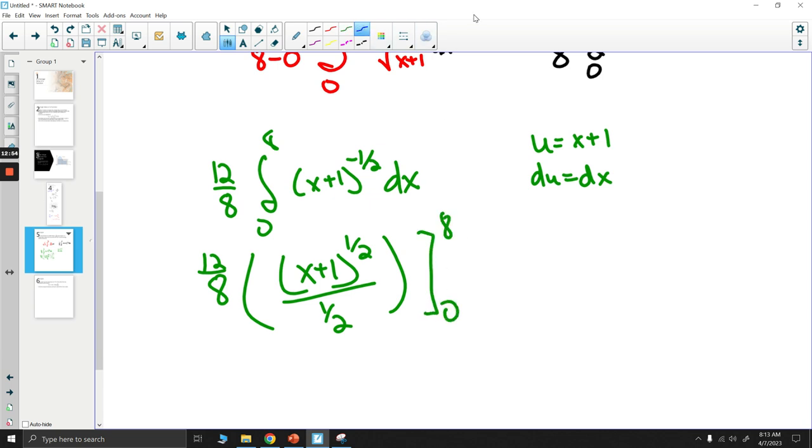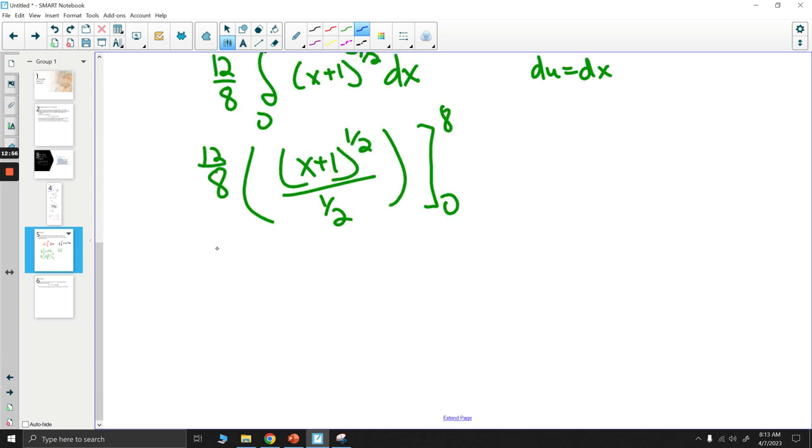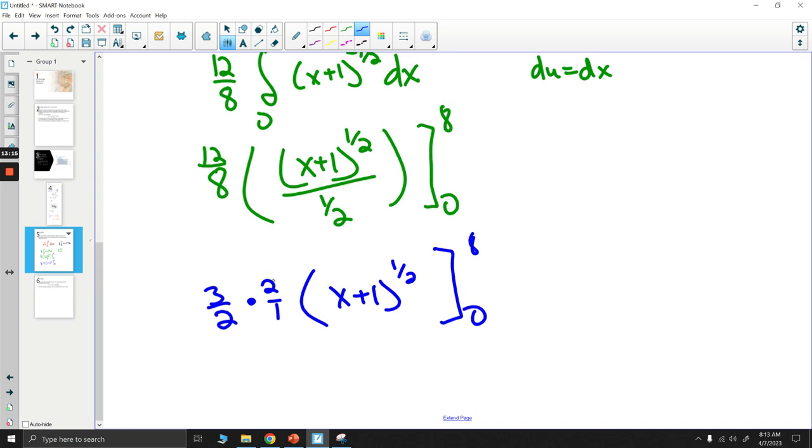So let me clean this up a little bit, make it a little bit nicer. First of all, 12 over 8, they're both divisible by 2, so that's 6 over 4. They're both divisible by 4, actually, so that would be 3 over 2. Divided by 1/2 means times 2 over 1 times x plus 1 to the 1/2. And again, this is from 8 to 0.